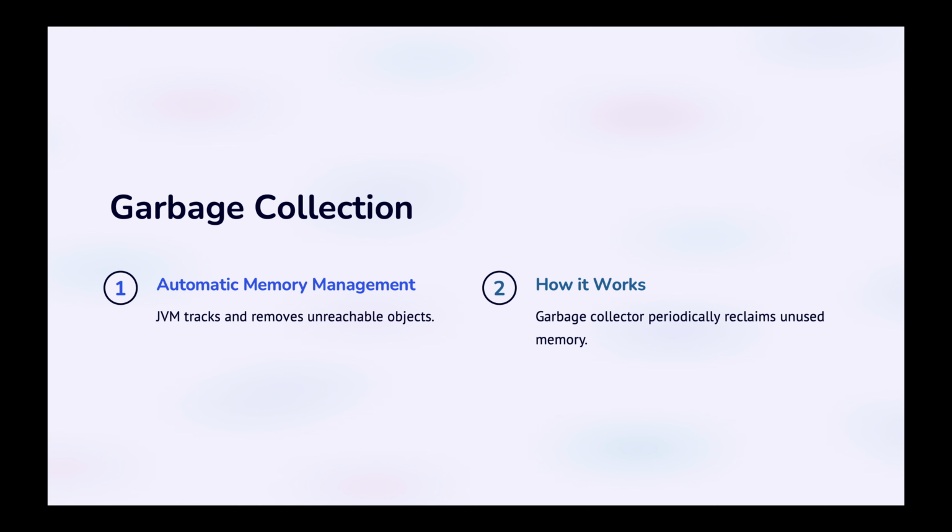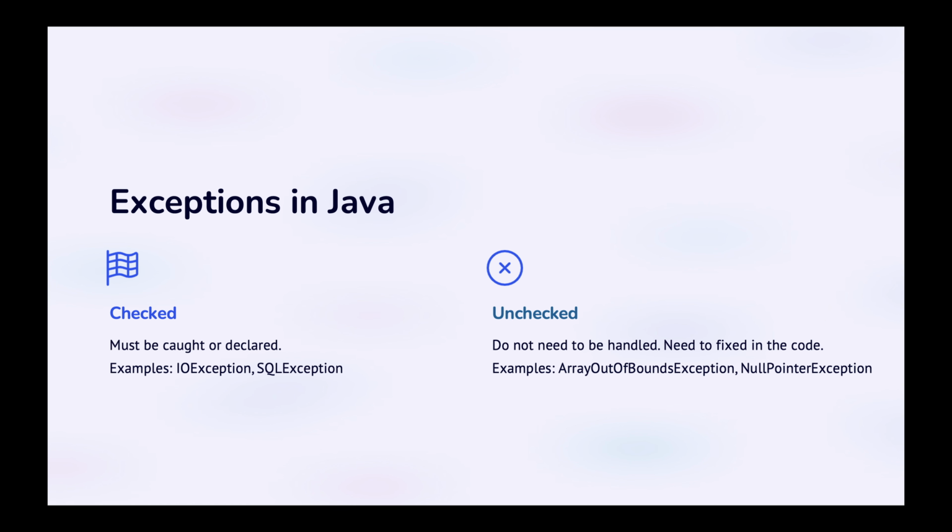Cool. Now here is the 9th question. What are the different types of exceptions in Java? Exceptions in Java are divided into 2 categories: checked exceptions and unchecked exceptions. Checked exceptions are subclasses of Exception, but excluding RuntimeException.